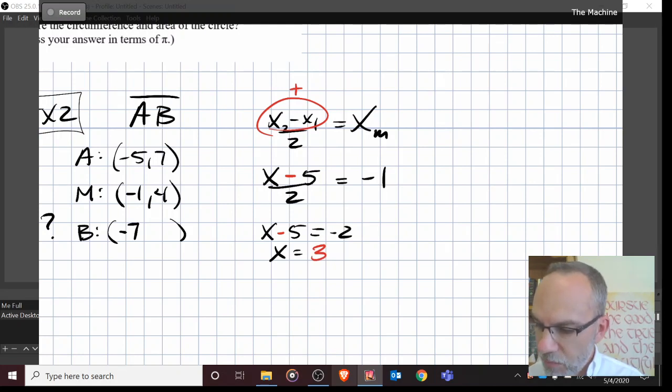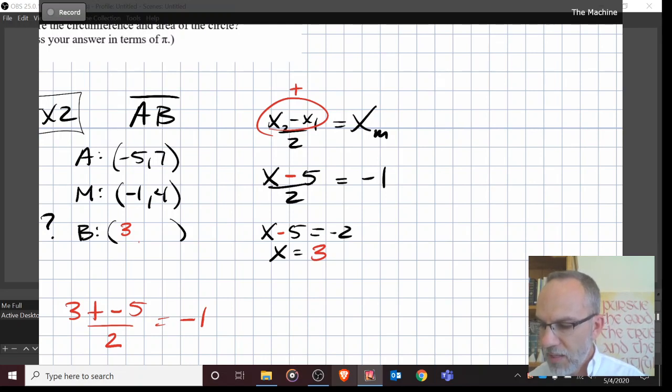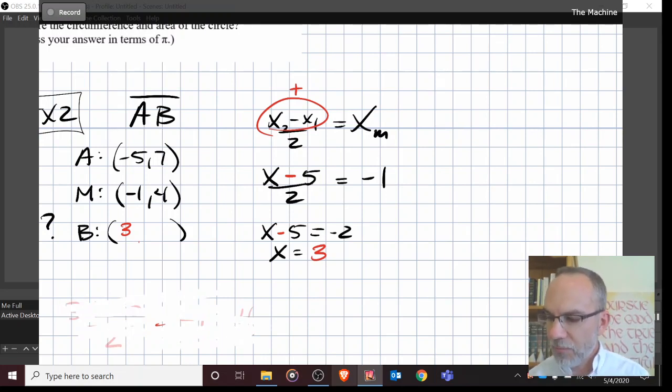So change that over there. +3. And just for giggles, is 3 plus a -5 divided by 2, is that equal to -1? Yeah, okay, there we go. The averaging works now.